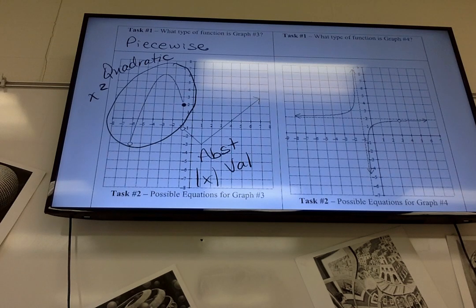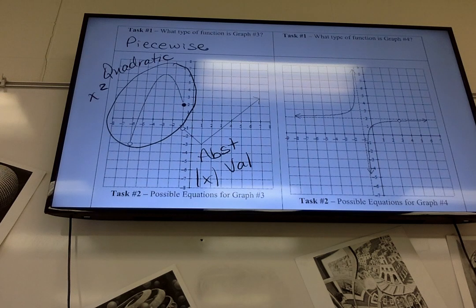Okay, what about this next one? It's got asymptotes. How would they have x squared? I thought this was like square root. Ooh, a square root, by the way, looks just like that. Keep that in mind because it's coming. I'm trying to remember all the different ones.